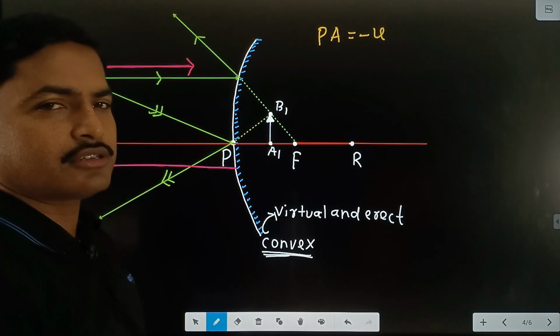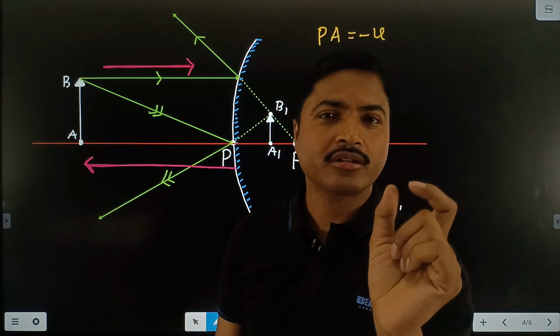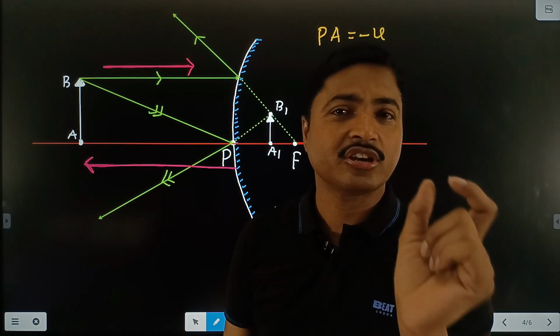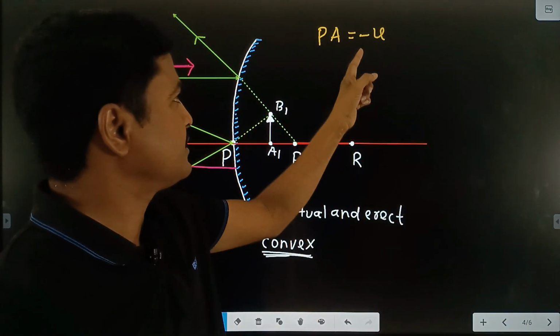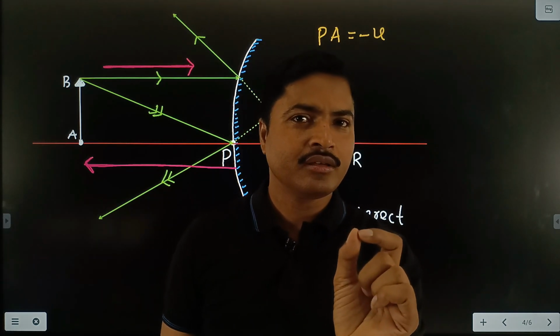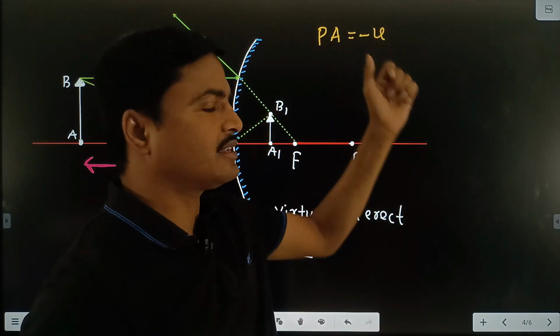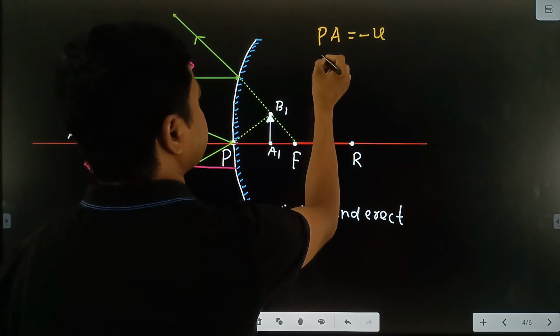We write minus u. That means the mirror may be concave or convex; in case of a spherical mirror, for a real object the object distance is always negative. Similarly, next is PA1.